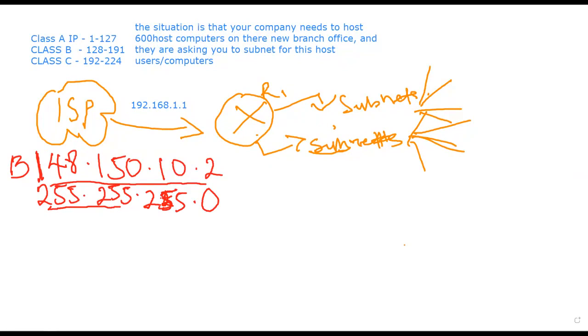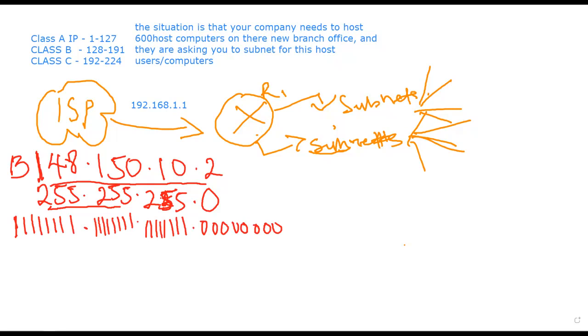In this situation, we have the first octet filled, bit filled with 1s: 1, 2, 3, 4, 5, 6, 7, 8 dot 1, 2, 3, 4, 5, 6, 7, 8 dot 1, 2, 3, 4, 5, 6, 7, 8 dot 0, 0, 2, 4, 5, 6, 7, 8. This is what our subnet mask is showing from this IP address.